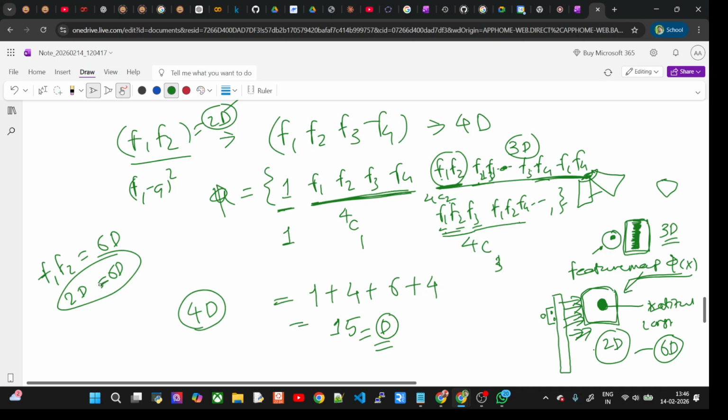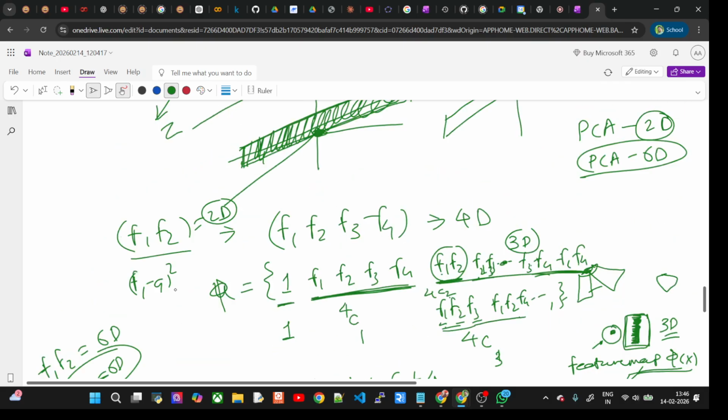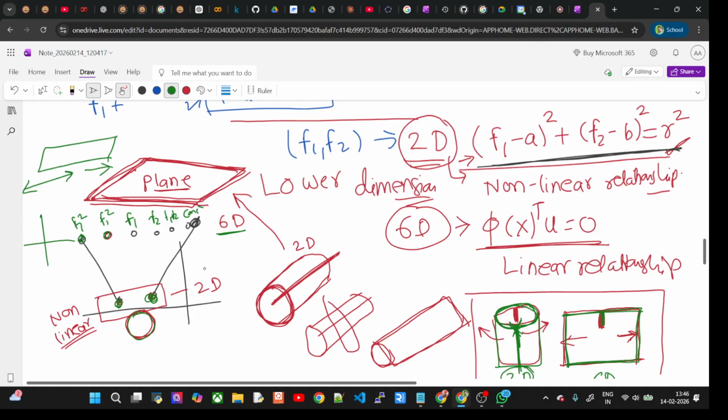Yeah, they mapped 2 dimensions to 6 dimensions, correct? Like this I can show this graph here. These 2 points are here, and they mapped them to higher dimensions, like the 5 I showed you, f1 f2 and all.